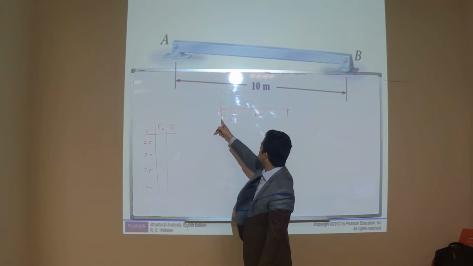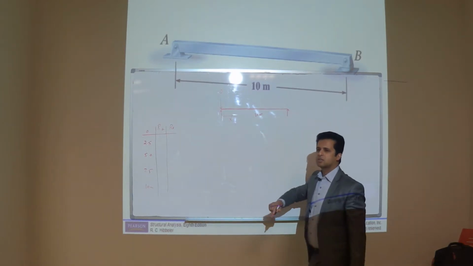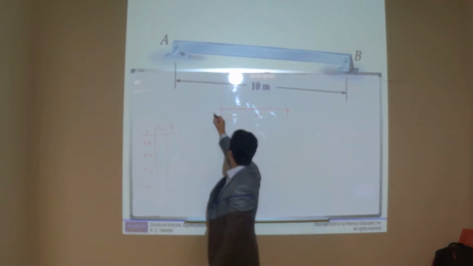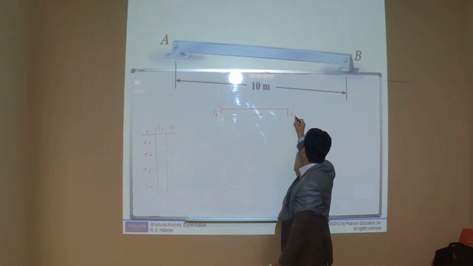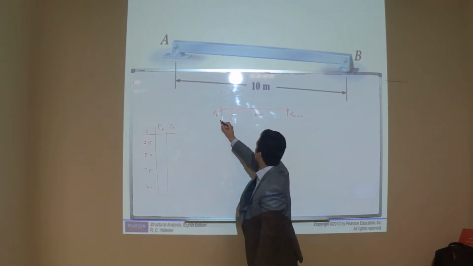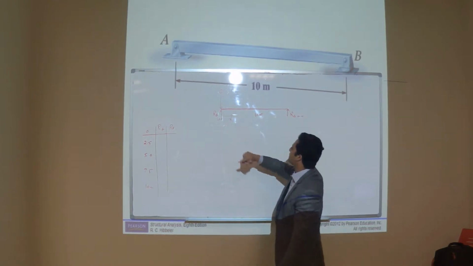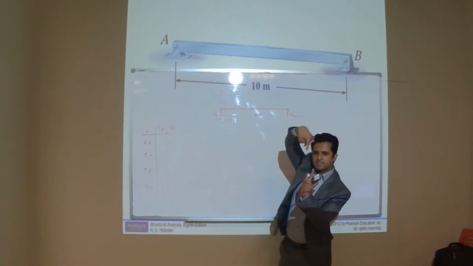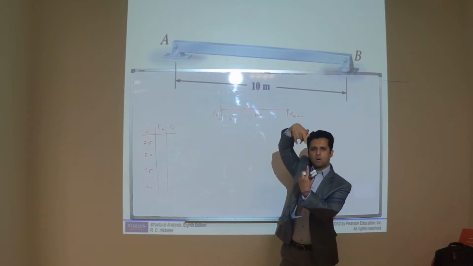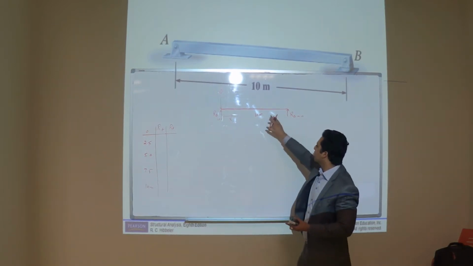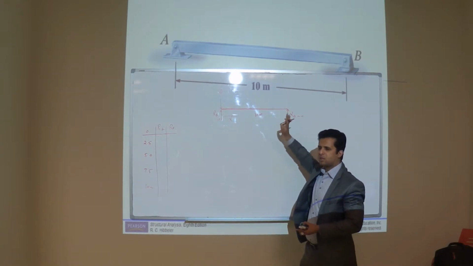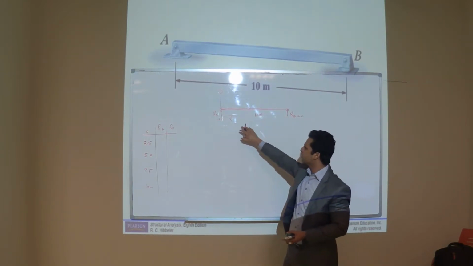So how much will this reaction be and how much will this reaction be? RA is 1 and RB is 0. Perfect. Because when the load is exactly over the support, all the reaction goes to that support, and there is no load on the rest of the beam. So here 1 and 0.